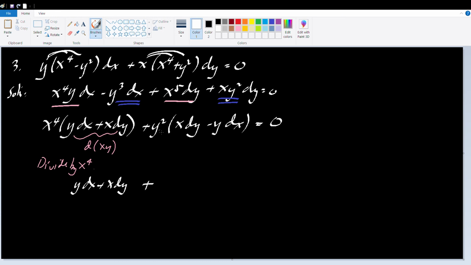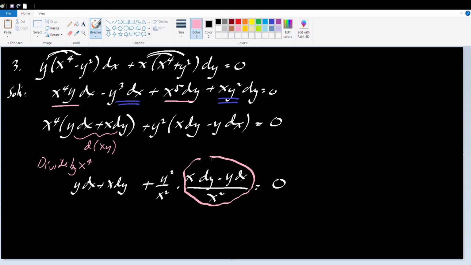What I'm going to write here is y squared over x squared. Then x dy minus y dx over x squared equal to 0. So my x to the fourth is split into 2, x squared times x squared in the denominator. And why are we doing that? In order to complete this part, which is the exact differential of y over x.